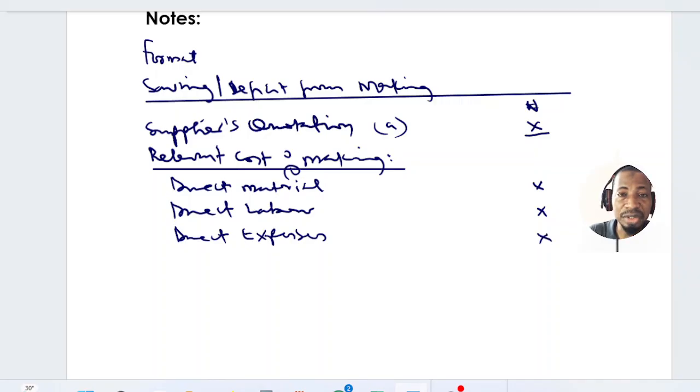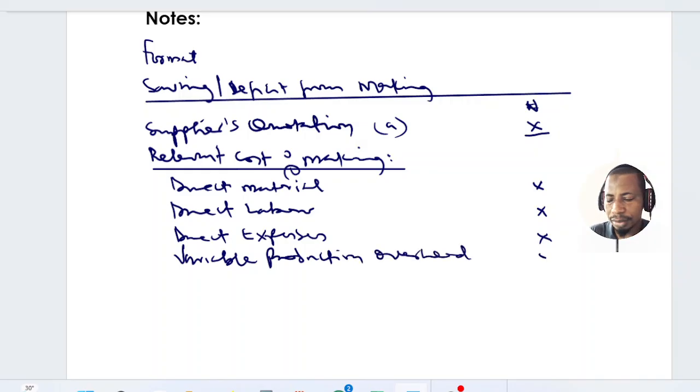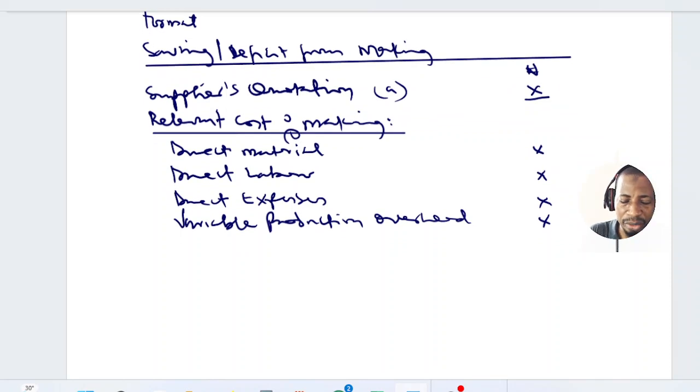It is also possible you may be given variable production overhead, you post. Any other relevant costs like opportunity cost, you post it.